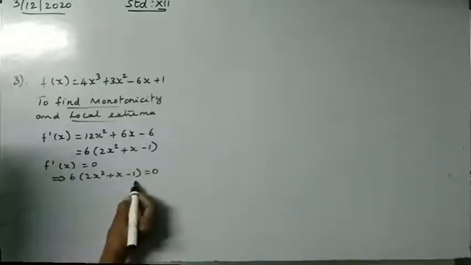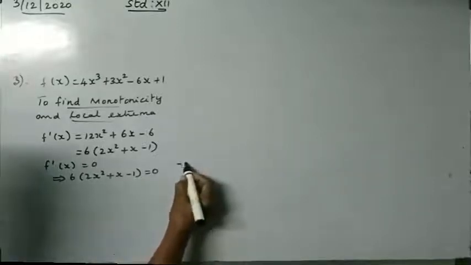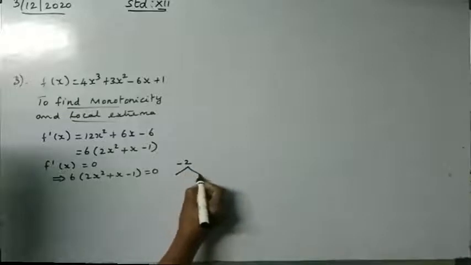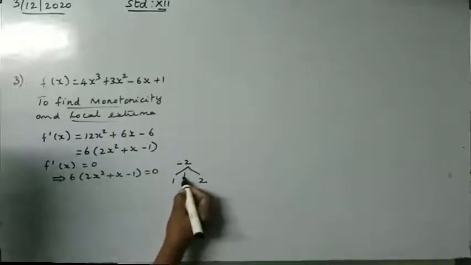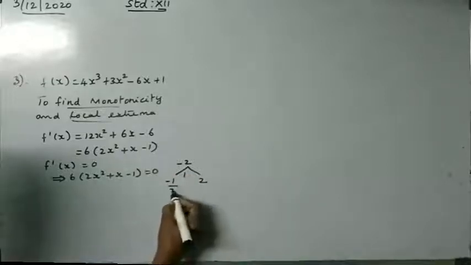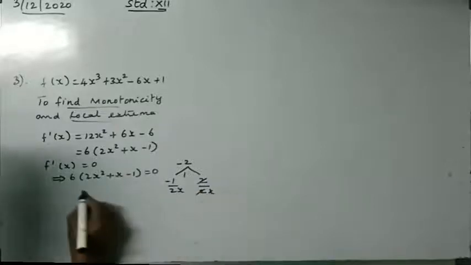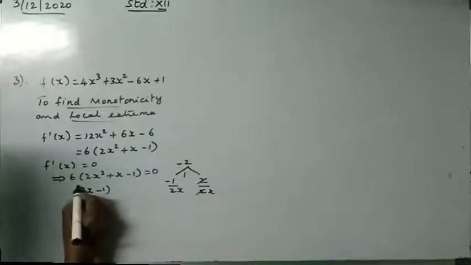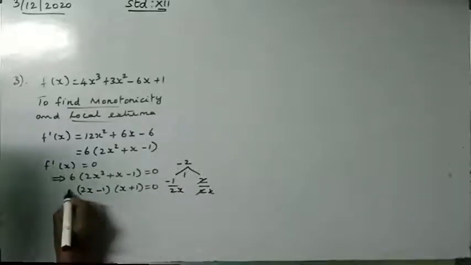So it's a quadratic equation. Let me find the factors: 2 minus 1 is 1, I want to get plus 1 here. So 2x minus 1 is a factor and x plus 1 is a factor.